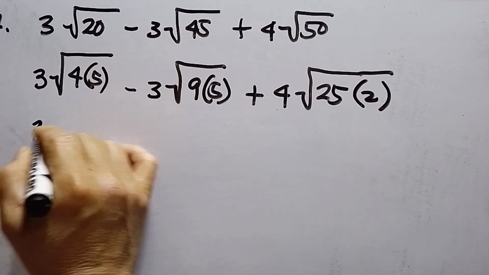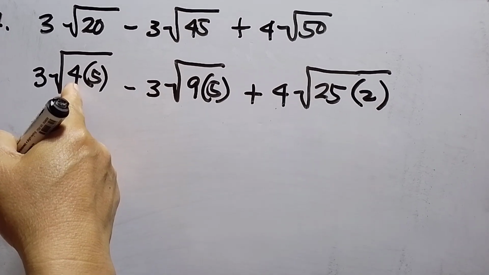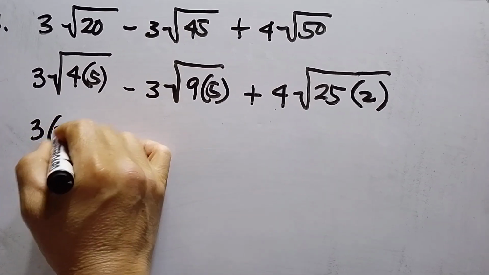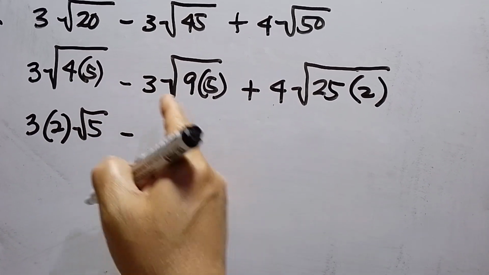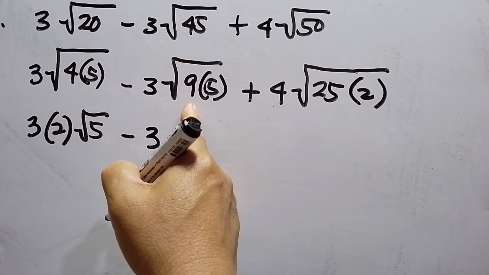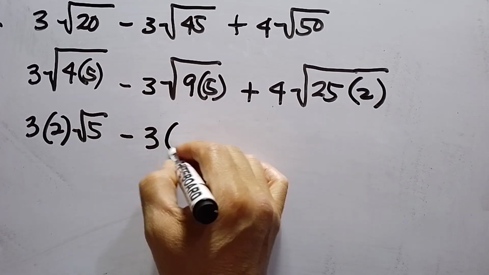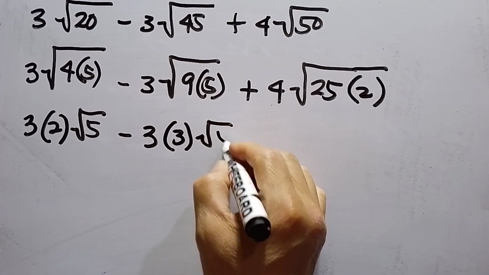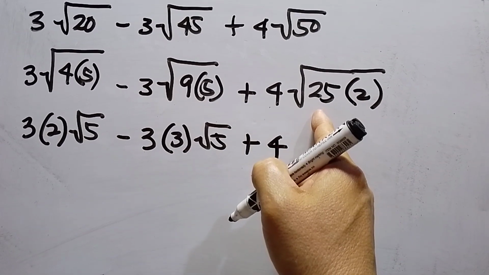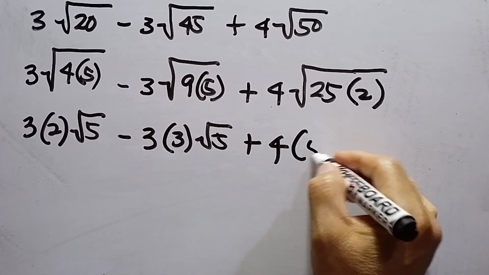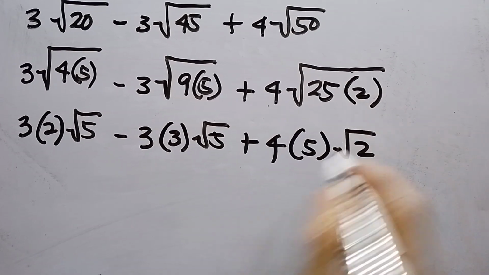So this will be 3 square root of 4. This is 2 square root of 5, minus 3 square root of 9 is 3 square root of 5. Then plus 4 square root of 25 is 5. Then square root of 2.